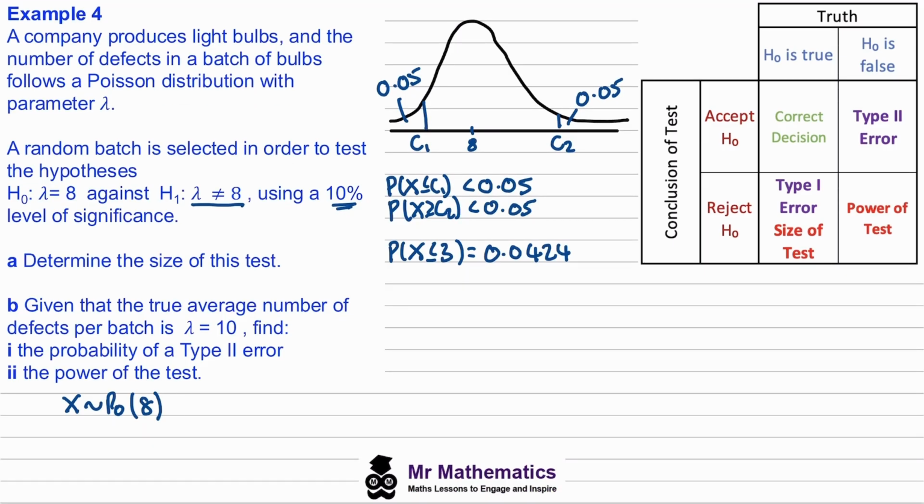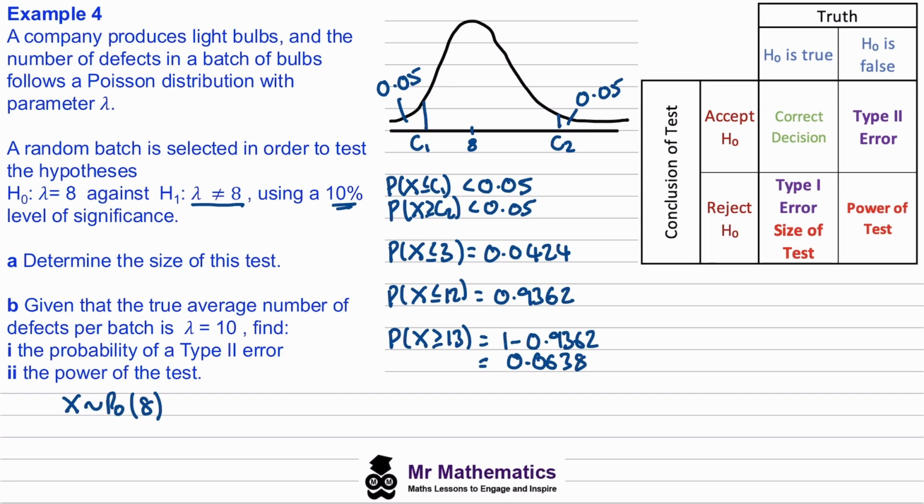So we'll go back to our notebook. Probability of x being less than or equal to 12 was 0.9362. So this tells us that the critical region is when x is greater than or equal to 13, which is 1 minus that probability. We can work this out and we get 0.0638.